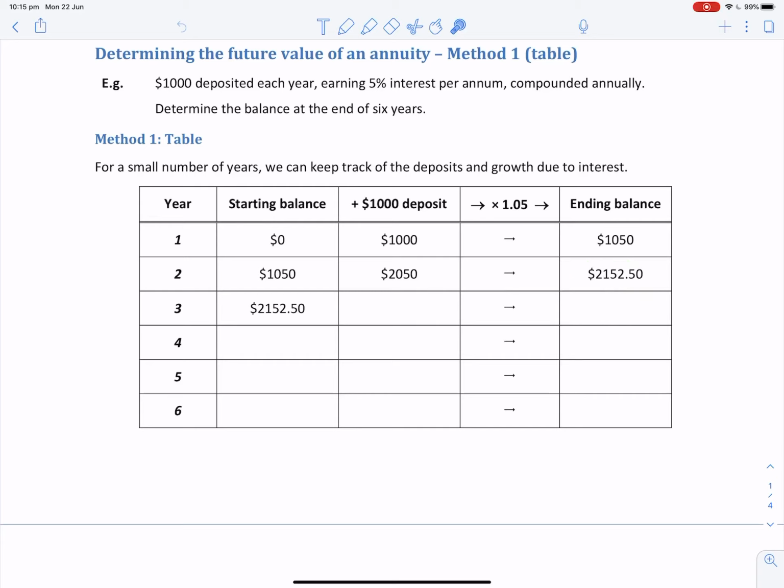And so it continues. I'm just using my calculator here: 2152.5 plus 1,000 equals, and then multiplied by 1.05 equals. I forgot to write this down, so that's 3152.50, and then with interest applied we have 3310.125, I'll round it.